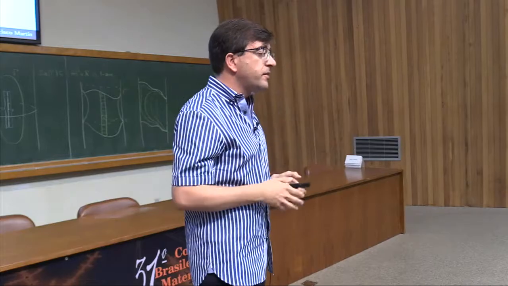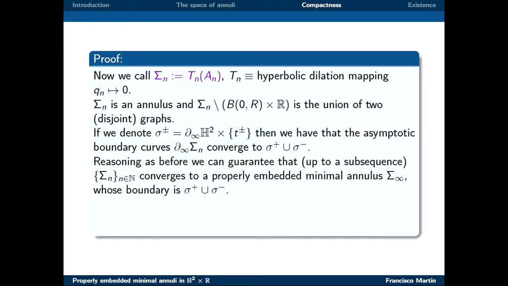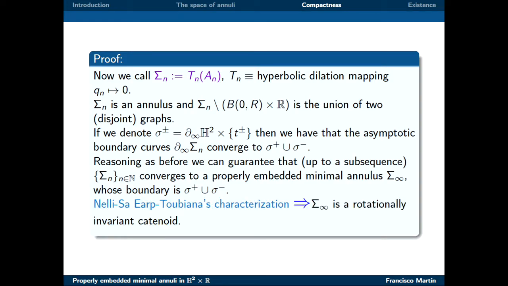This has this flattening effect. So using case 1, you have a good limit, and using the characterization in R2, you have a minimal annulus bounded by 2 circles in parallel planes. Then that means that it is a catenoid. Okay, so in particular, the difference of the heights must be less than pi.